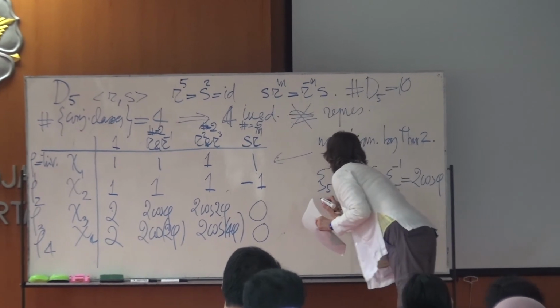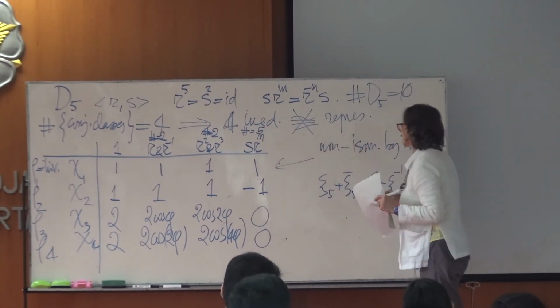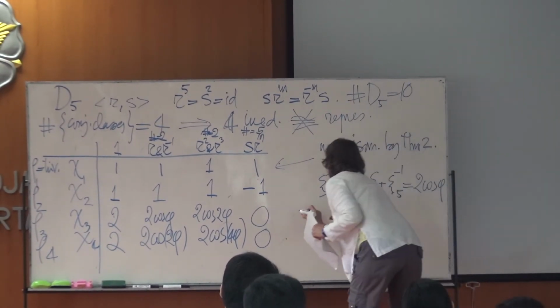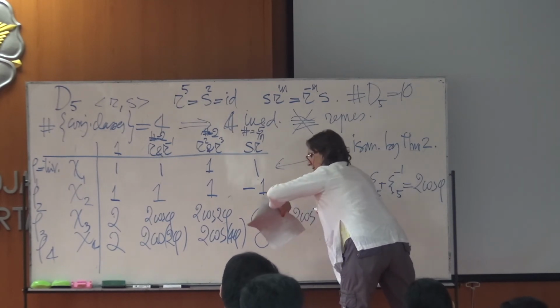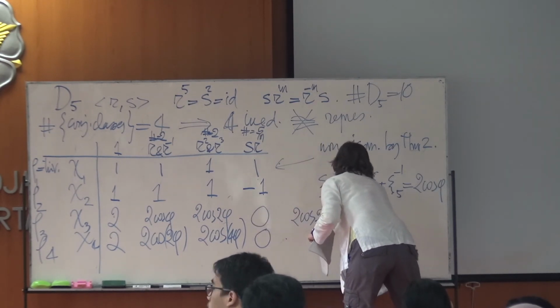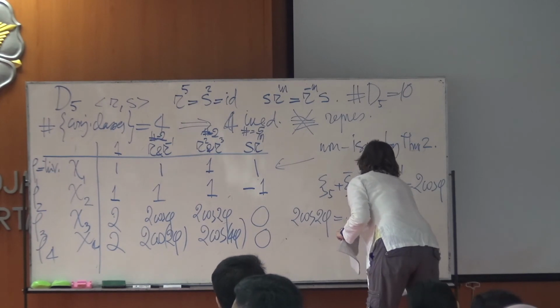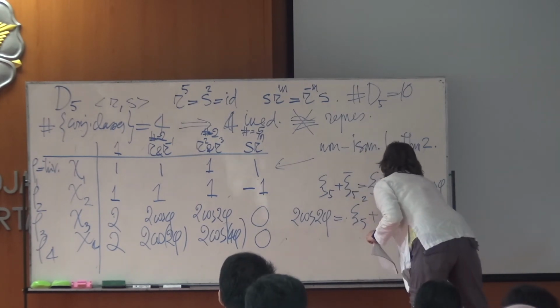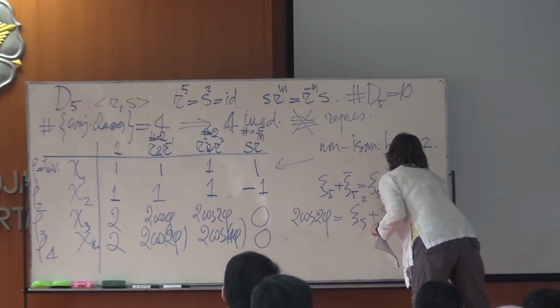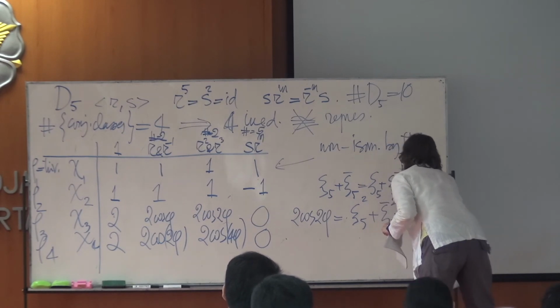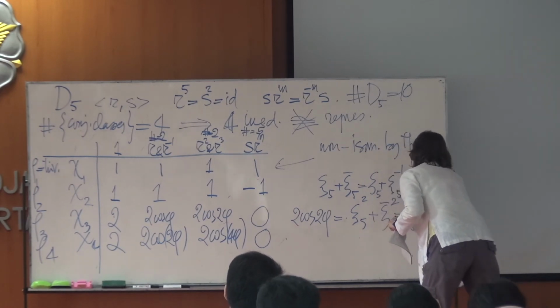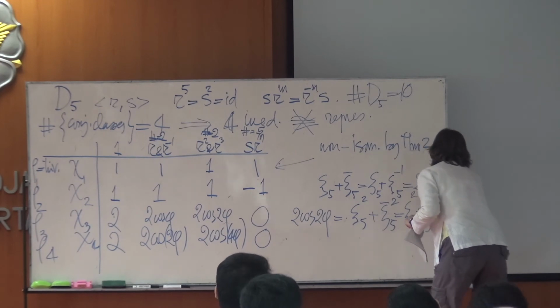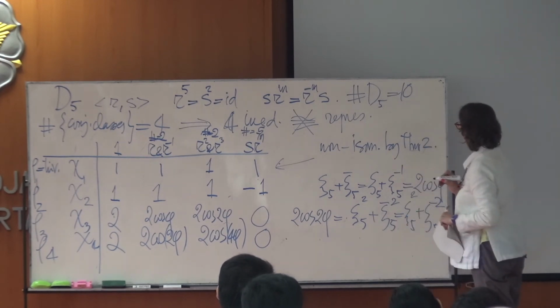And 2 times the cosine of 2 phi is equal to psi 5 squared plus psi 5 to the minus 2.